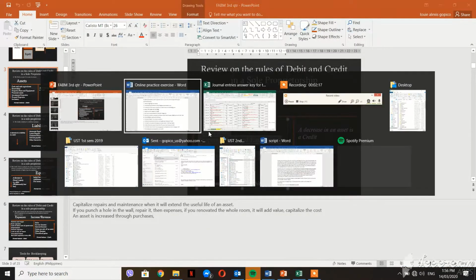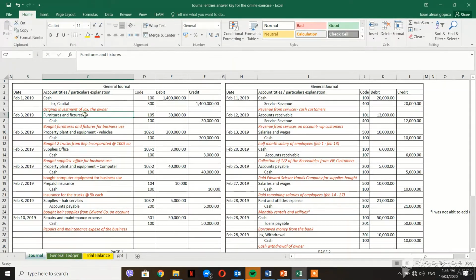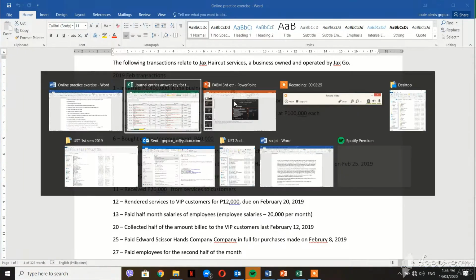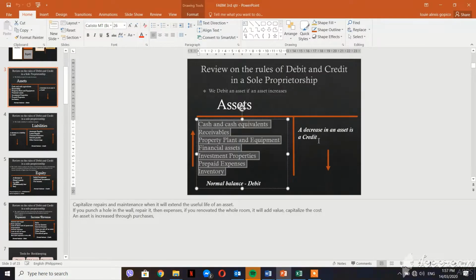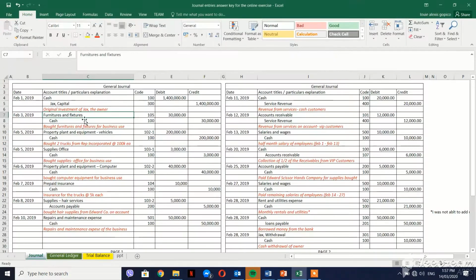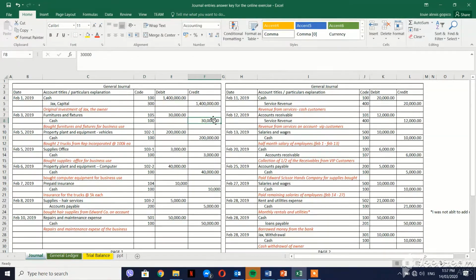So we debit furnitures and fixtures since it is an asset, and we paid for it using cash, right? So when cash decreases here, as you can see, when an asset decreases, you credit an asset. That's why in our solution, we credited cash for 30,000 pesos.